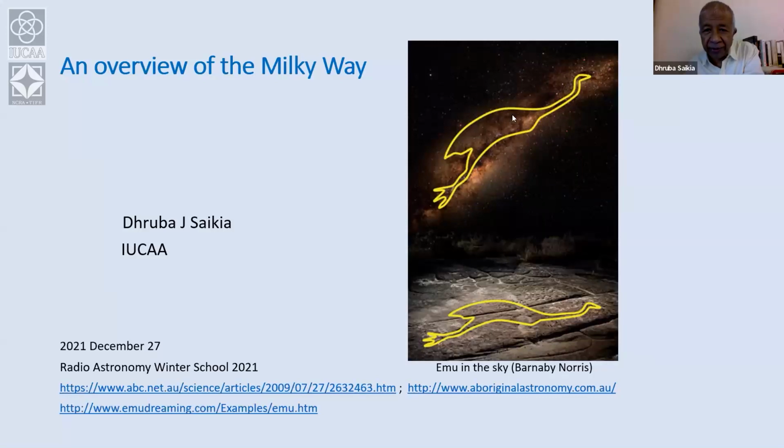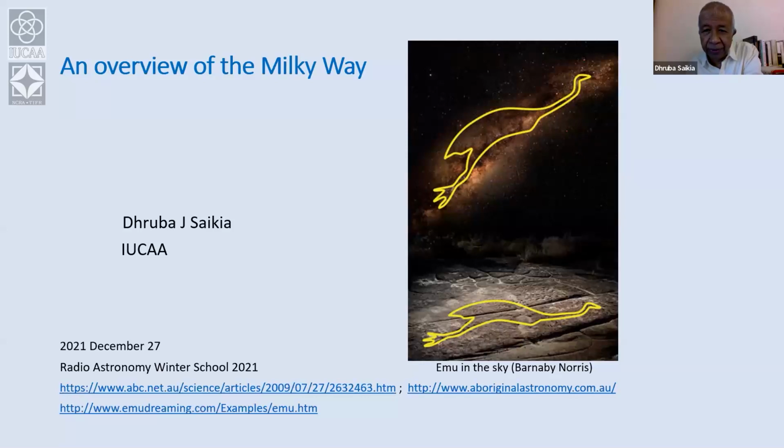This particular region of the sky resembles an emu, and this is a photograph which has been put together by Barnaby Norris, who is son of a friend and collaborator astronomer from Australia, Ray Norris.